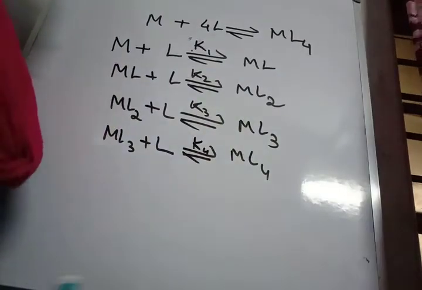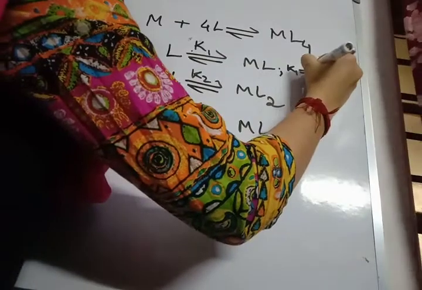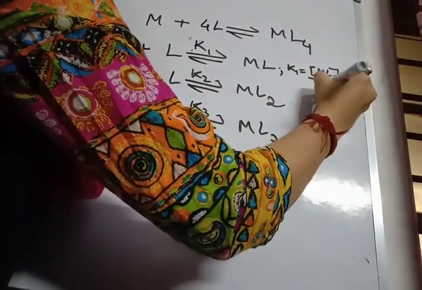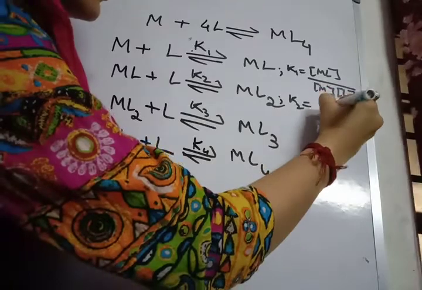So K1, what can I write? K1 will be concentration of ML divided by concentration of M, concentration of L. This box means concentration. K2 is your this one.